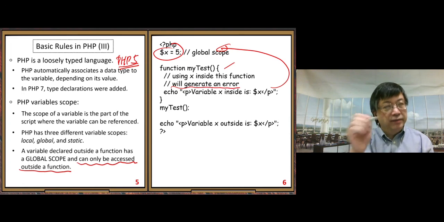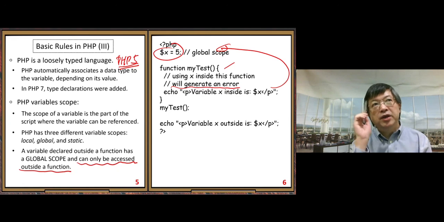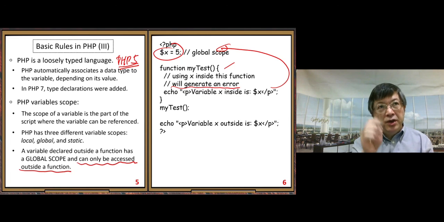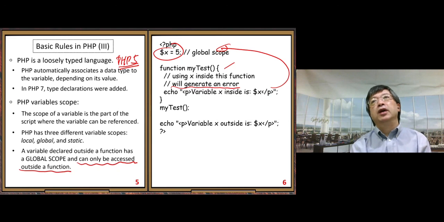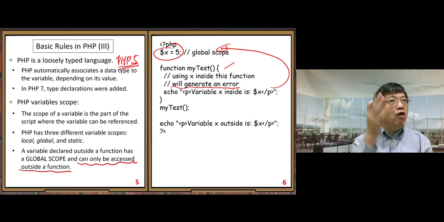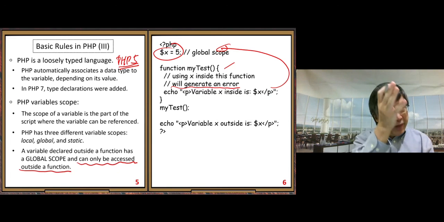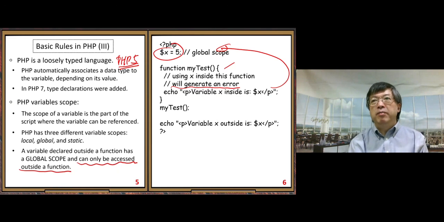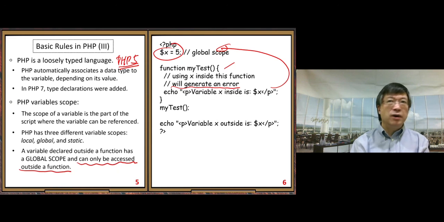The PHP engine does not allow you to do it. The reason is simple: to avoid that kind of very bad error, which is very hard for programmers to fix.